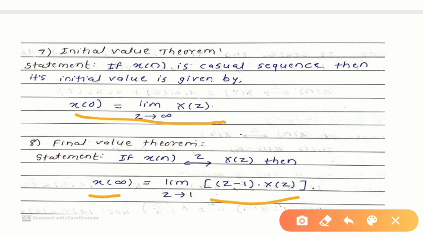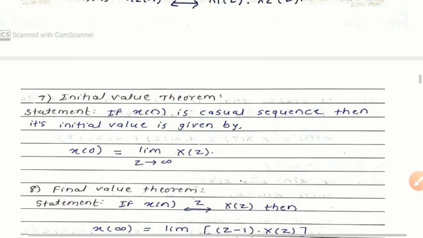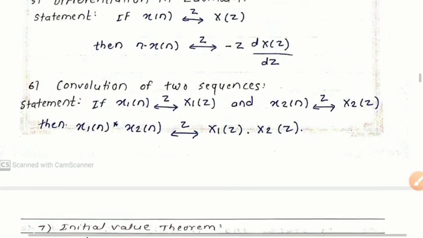So this is the final value theorem. So these are the total 8 properties of the Z transform. We have to learn each and every property by heart.